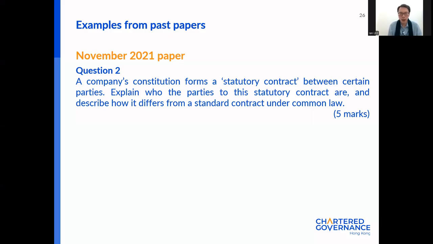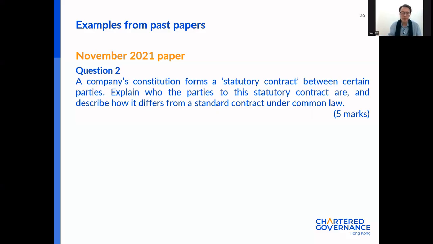So I am no longer bound by the statutory contract for matters after I left the company. However, the new shareholder, the person who purchased the shares from me, becomes a member of the company, and will be bound by the Articles of Association like other members. This is quite interesting because you can imagine if I sign a contract with you, it is binding between the contracting parties.